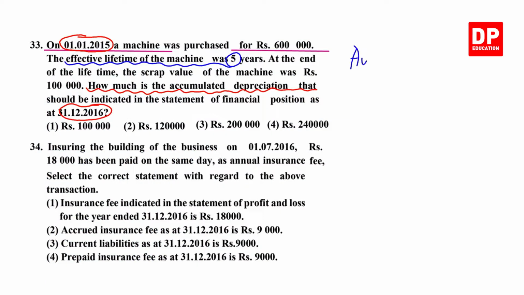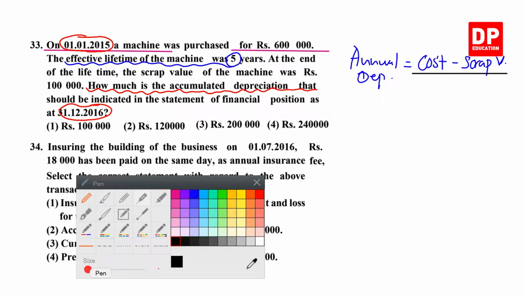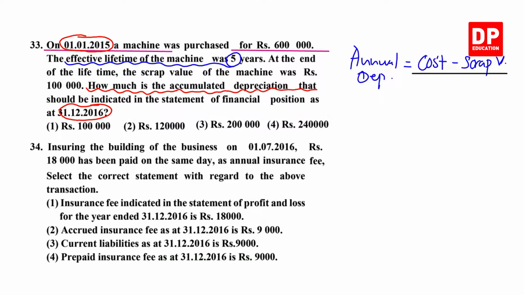Annual depreciation equals cost minus scrap value, divided by useful life, useful years.